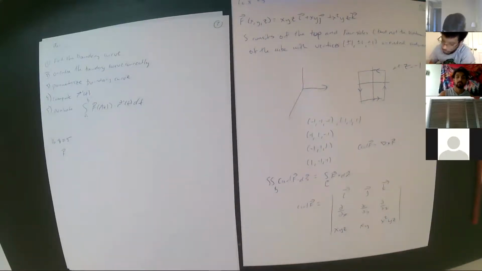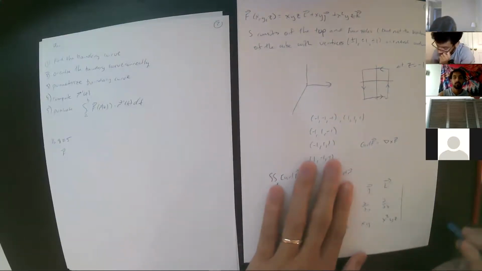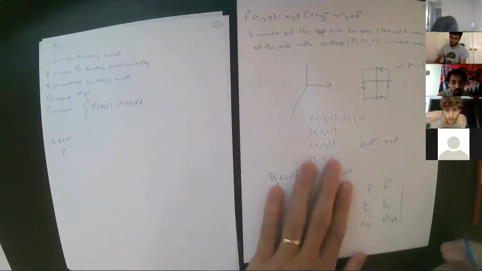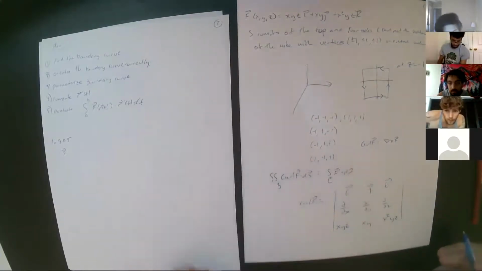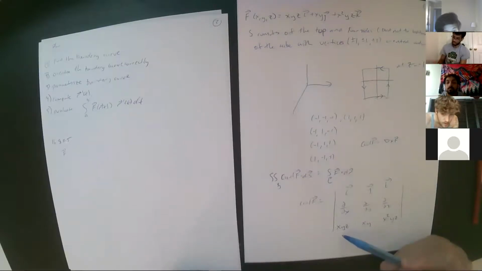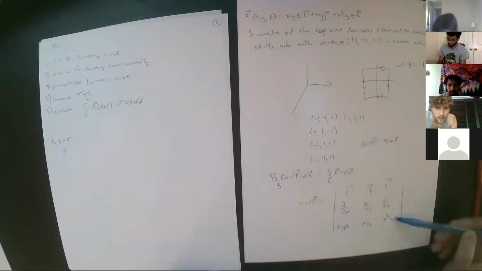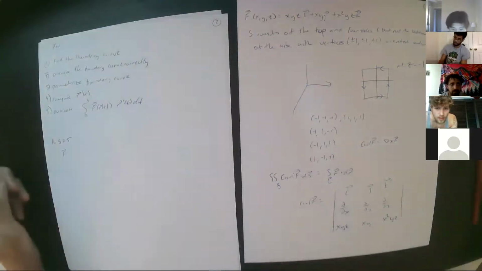What's the i component of the curl? I'm checking to make sure I wrote this problem down right. Okay, I did.